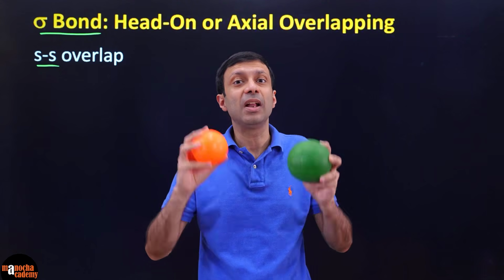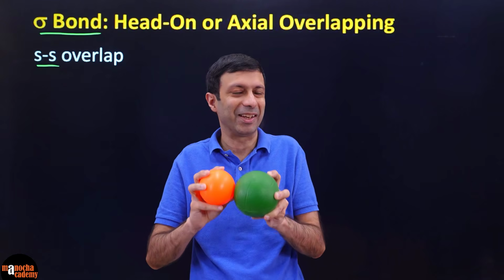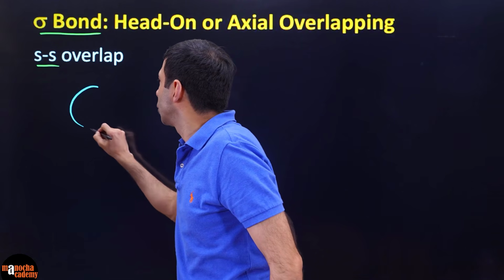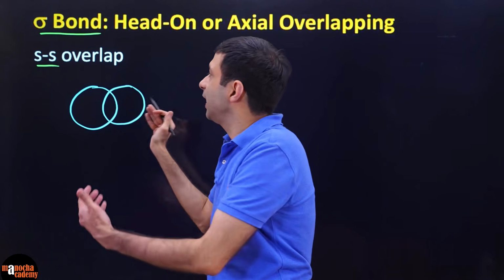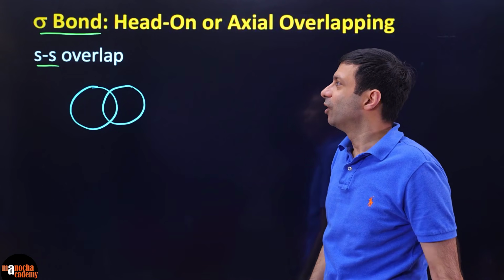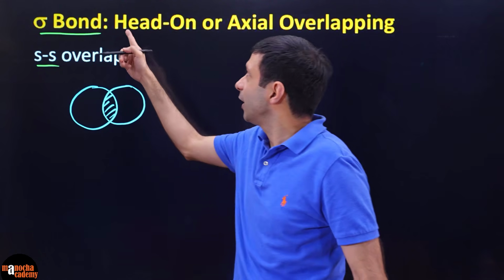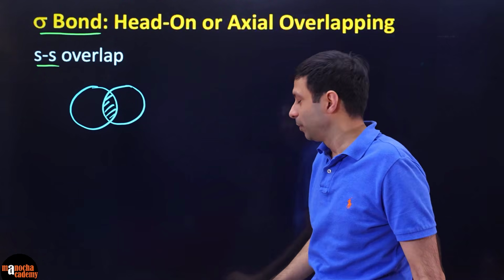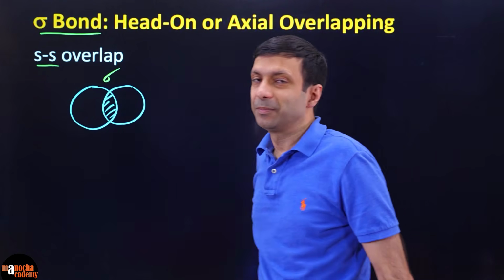So write that down. S orbitals can only give you a head-on overlapping. If I represent the two s orbitals, which are spheres, with these two circles, we can only have this kind of head-on overlapping here. This is your overlap. So if there's only head-on overlap, it can only form a sigma bond. The bond formed here will be sigma.